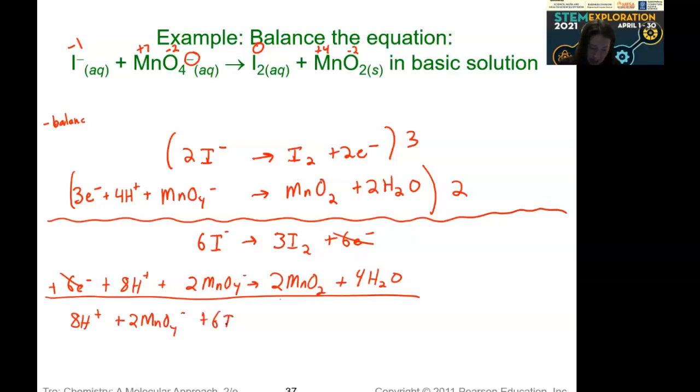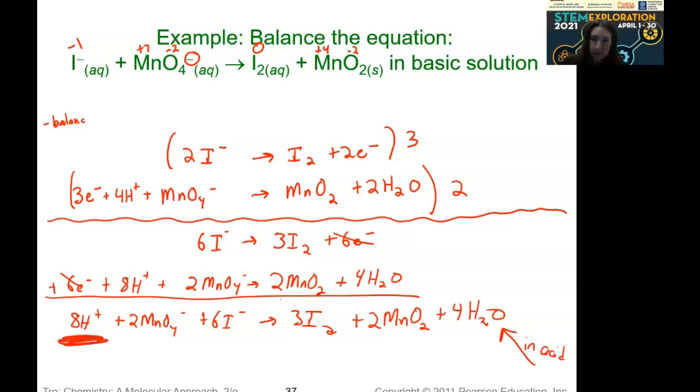Plus 6 I minuses goes to 3 I2s plus 2 MnO2s plus 4 waters. And this is in acid. And again, how do you know it's an acid? Those H pluses. So this is balanced in acid.